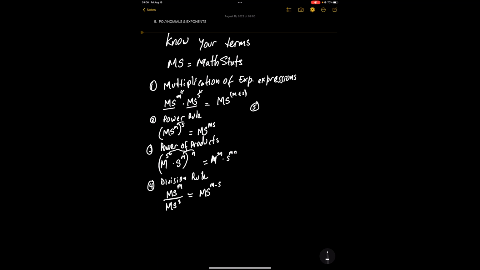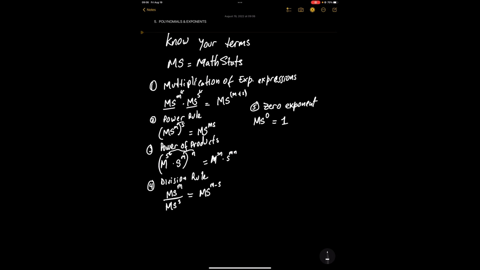The zero exponent basically means anything that you raise to the power of 0. In this case, if I have m to the power of 0, that would be equal to 1.